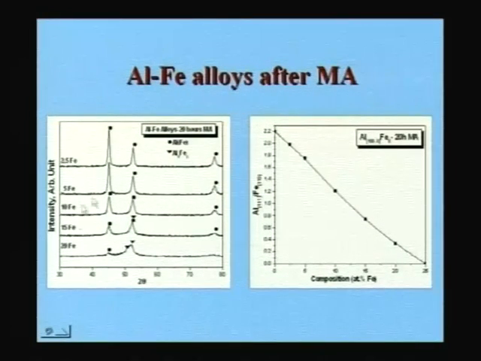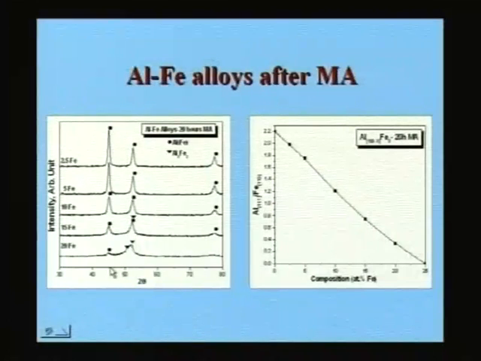If we look at the XRD patterns, you see that after 20 hours of mechanical alloying of aluminum plus different amounts of iron, you will see only aluminum peaks, suggesting that the iron has dissolved into aluminum, and what you have is basically a solid solution. But one interesting thing, if you look more carefully: the first peak, around 45 degrees, is the aluminum 111 peak.